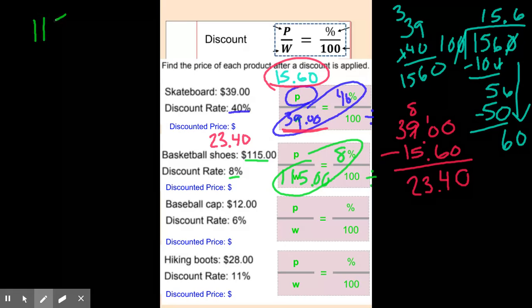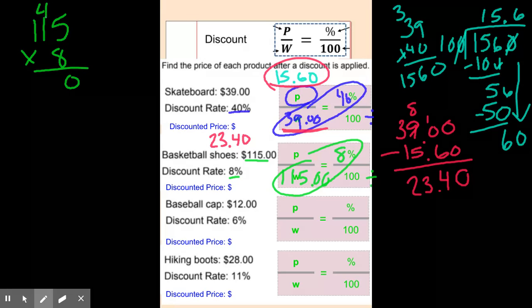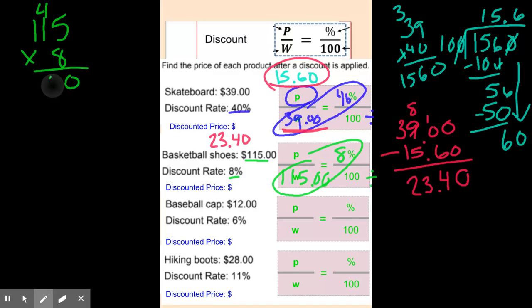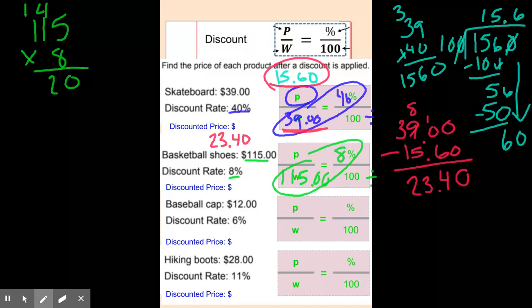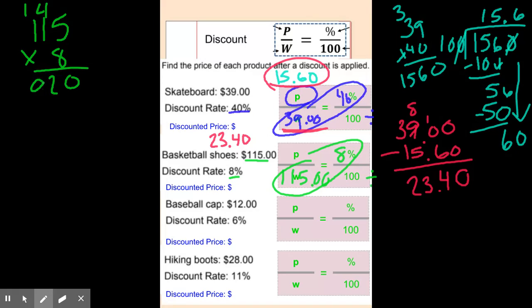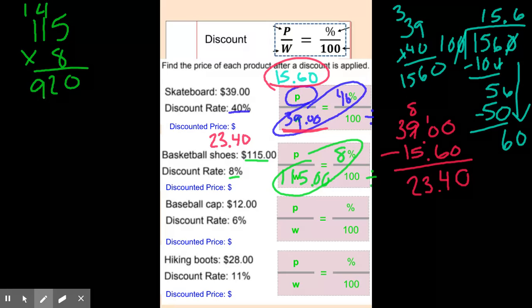So 115 times 8. 5 times 8 is 40. 8 times 1 is 8, plus 4 is 12. 8 times 1 is 8, plus 1 is 9. So $920, or 920. We're going to take 920 and divide by 100.